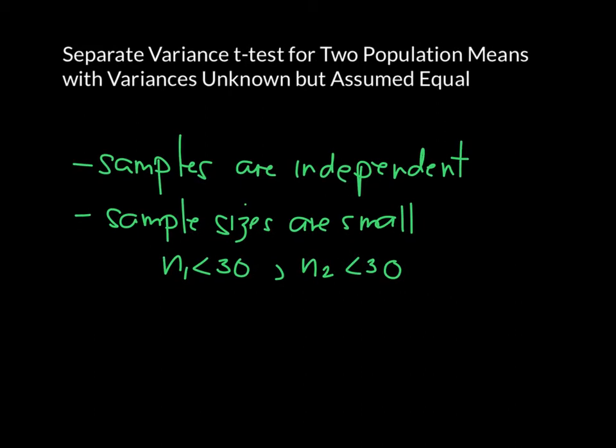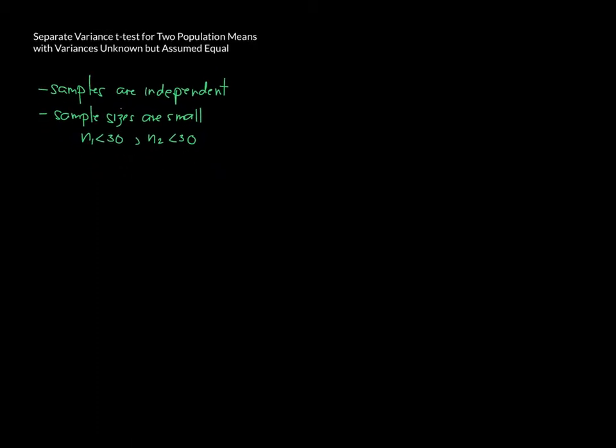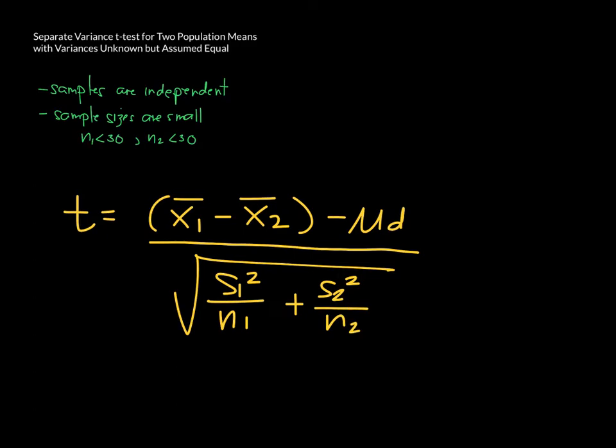Once you recognize the problem as a separate variance t-test, the test statistic that you will be using is t equals x1 bar minus x2 bar minus mu d, over the square root of s1 squared, the sample variance 1, over n1 plus sample variance 2 over n2. So pretty similar to the z formula.